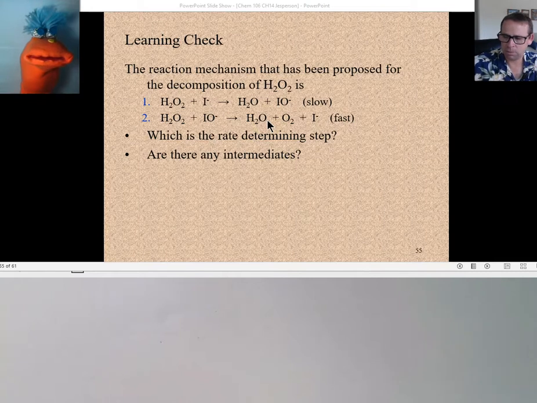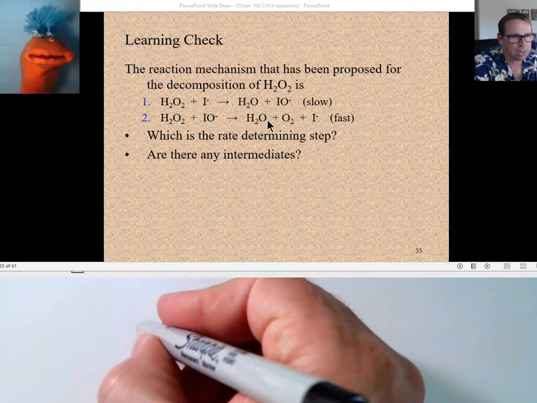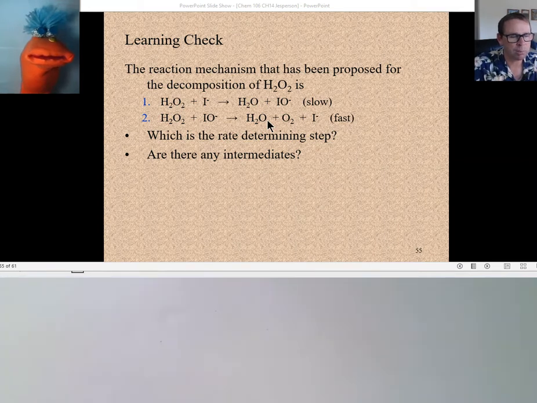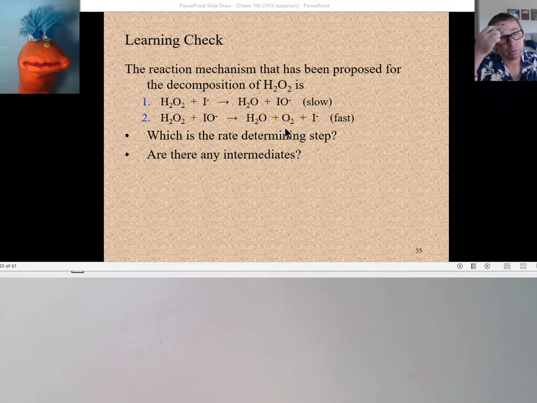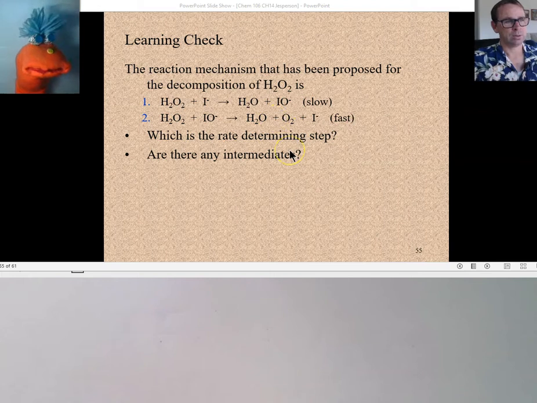And if we wanted to see the overall reaction, we'd have to add these two together. So if I add number 1 to number 2 here, I'm going to put all the reactants on the left of an arrow and all the products on the right of an arrow. What would my resulting reaction be if I added these together?